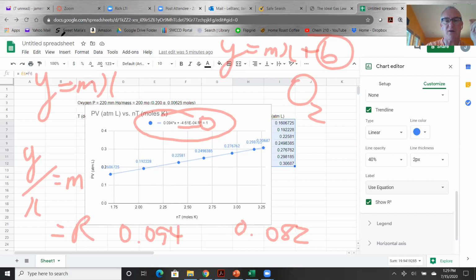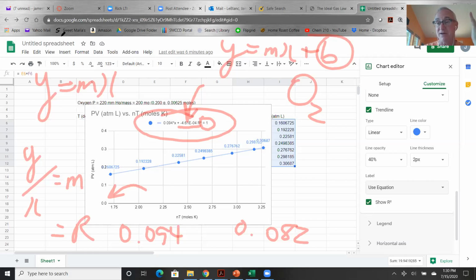So this tells us that it goes through the line slightly below 0 at negative 4.61 times 10 to the minus 4, which is a tiny number. When you look at the values of Y that we've got over there, that is really small.